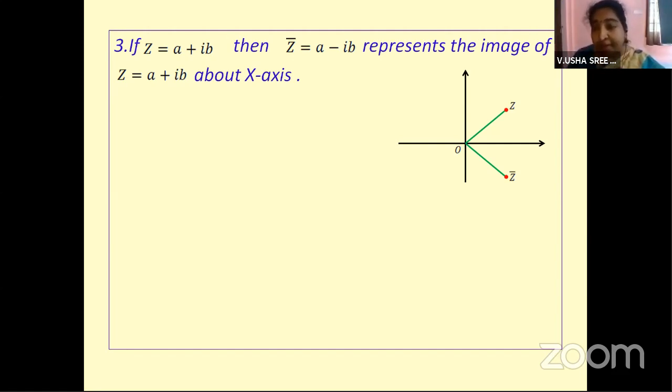Then if you drop a perpendicular from the point Z onto the real axis, and from Z bar also to the real axis, both are the same. We have taken equal length. So we can definitely say Z bar is the mirror image of the given complex number Z about the x-axis.